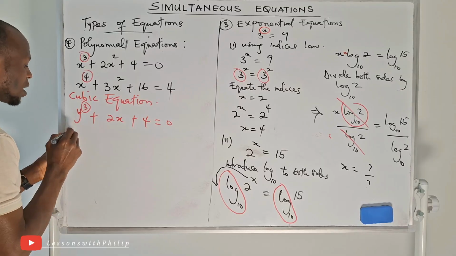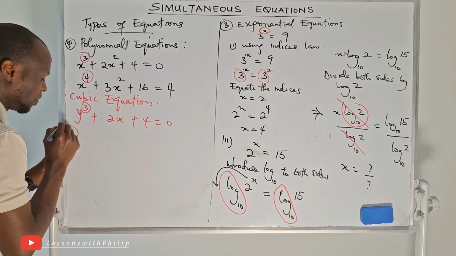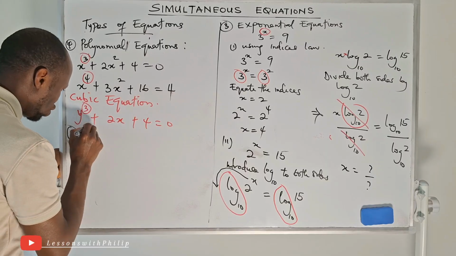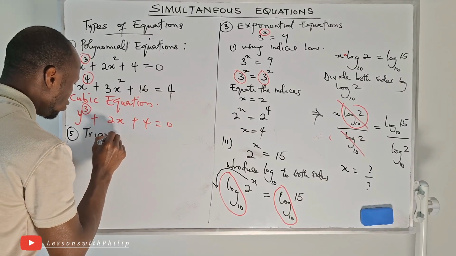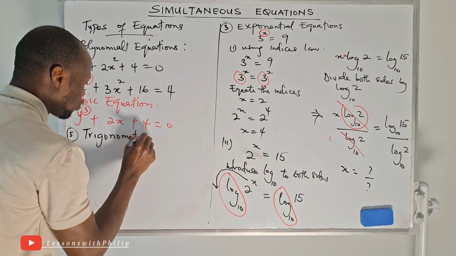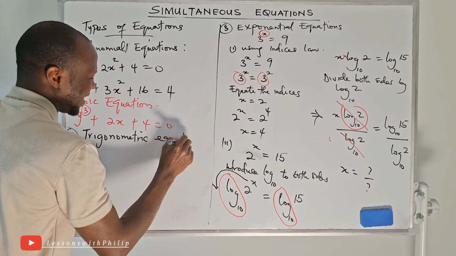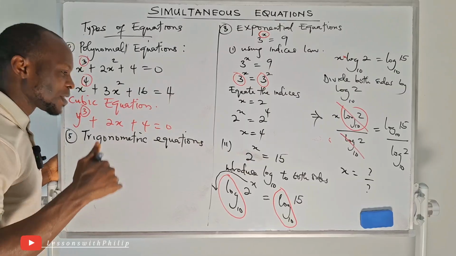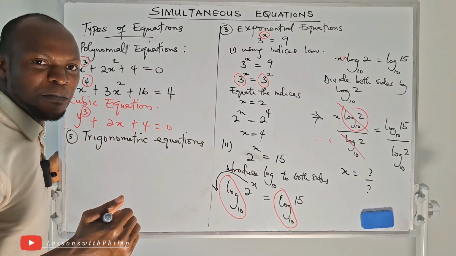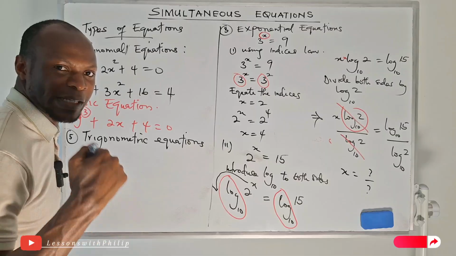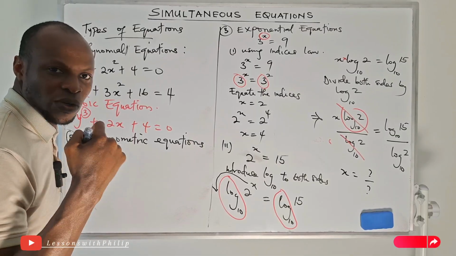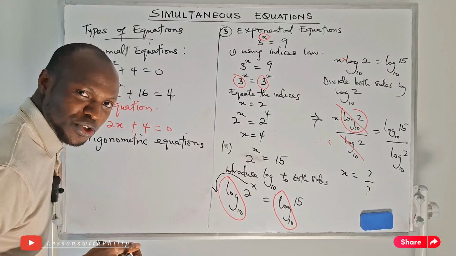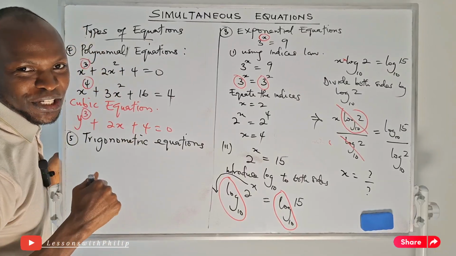Let's go further. Number 5. Another type of equation we have is what we call trigonometric equations. I think we have done some of these in our class too. When your variable is linked to sine, tangent, cosine, cosec, and so on and so forth, such an equation is known as a trigonometric equation.